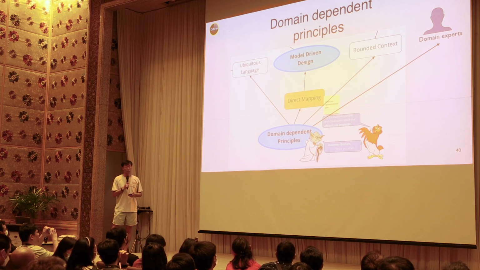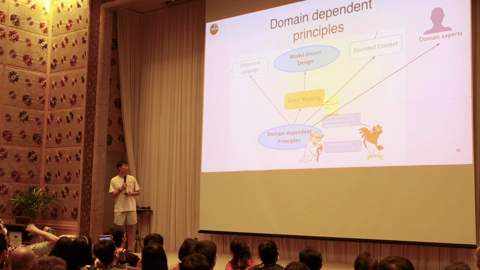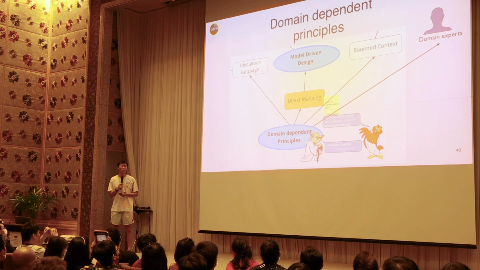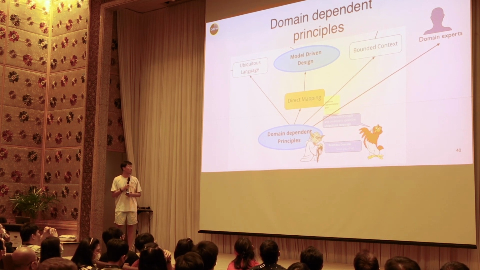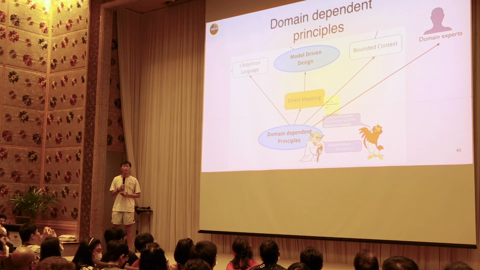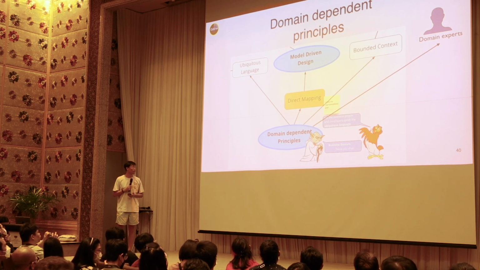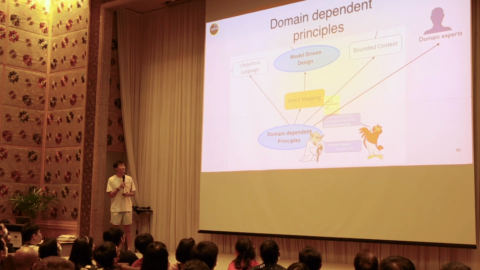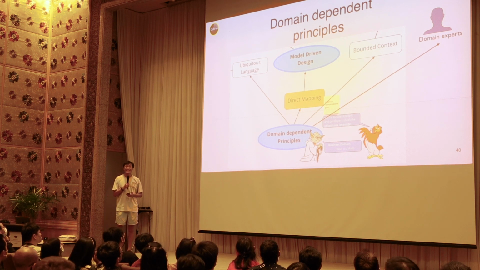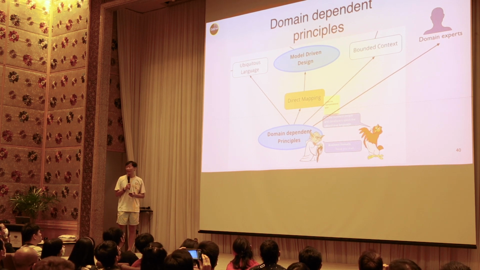I don't have a very complete picture, but these are some of the ideas and principles used in the domain-dependent school of thinking, including direct mapping, ubiquitous language, bounded context, and the very key concept here, the domain experts.